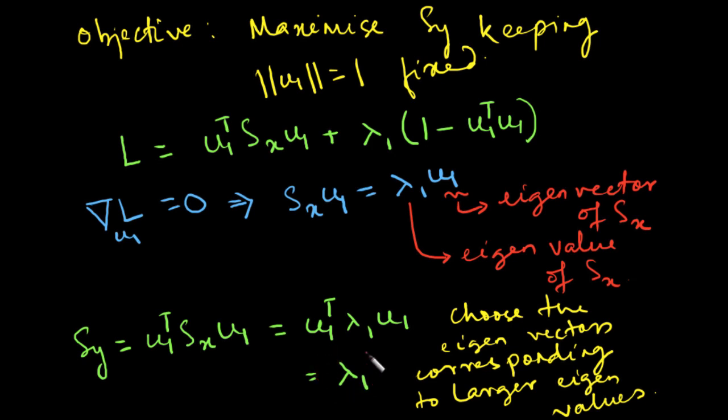But you can clearly see that the same procedure can be easily extended to any number of eigenvalues and eigenvectors. Basically, if you take your capital M to be, let's say, 3, then you arrange your eigenvalues in descending order and pick the top 3 eigenvalues and the corresponding eigenvectors. So although we have done this process for the simple case of one eigenvector, it can be very easily generalized to any choice of capital M. Now you may ask, what happens when capital M is equal to capital D?